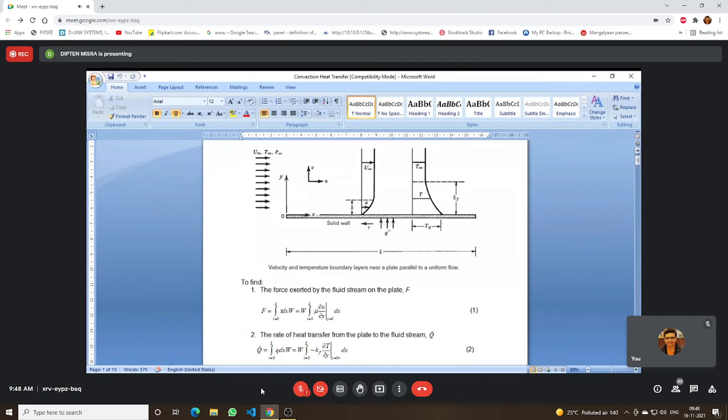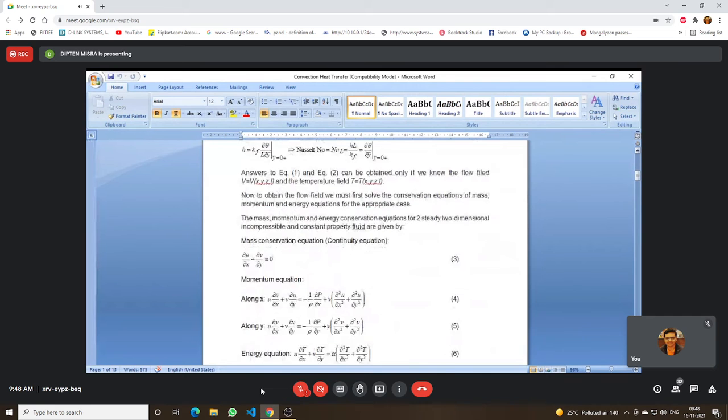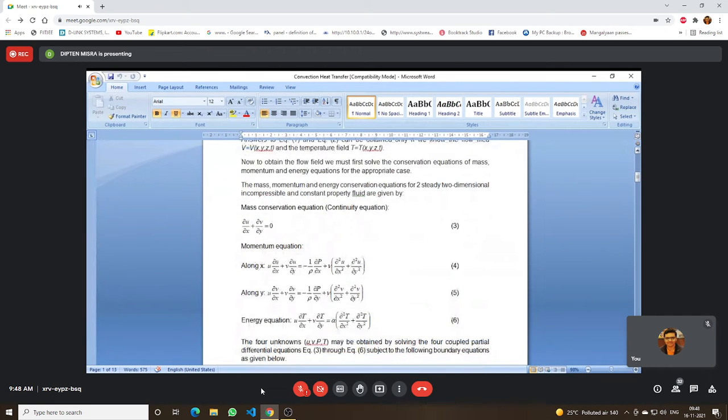So if we want to find out the answer to that, then you have to solve a two-dimensional form of the velocity equation given by the mass conservation equation, that is also known as the continuity equation in two dimension. Now that considering the flow field as a two-dimensional field, we will have a velocity component along x given by u and velocity component along y given by v.